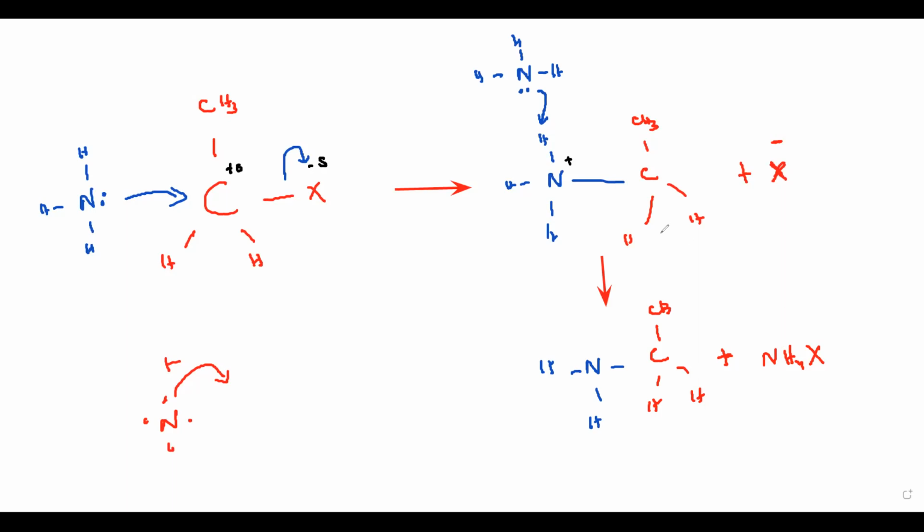This is what happens if we have excess ammonia: multiple substitution does not occur. But if we have a limited supply of ammonia, ammonia is not too much, then what happens?